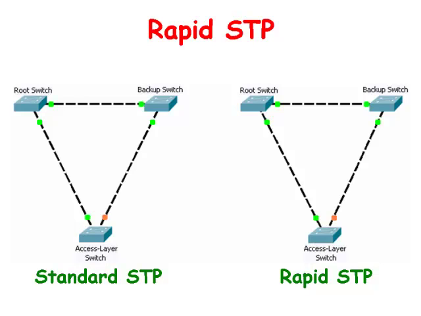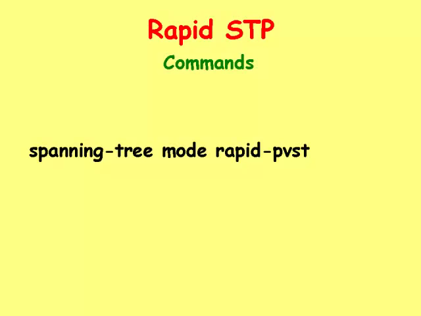Rapid spanning tree was designed to be backward compatible with standard STP. Spanning tree works best when it is configured on all the switches. The spanning tree mode rapid-pvst command is used to configure rapid spanning tree onto the entire switch.